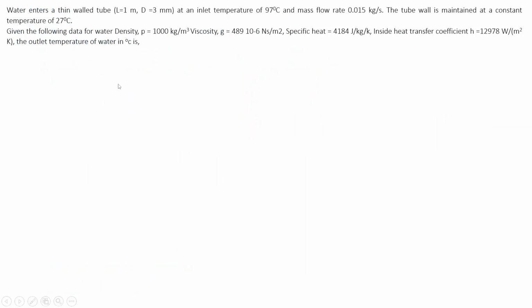Okay, so from reading the question, we can see that there is a tube and water is flowing through it, and we have to find the outlet temperature of the water passing through it. So this is my tube. Length is equal to 1 meter, diameter is equal to 3 mm.